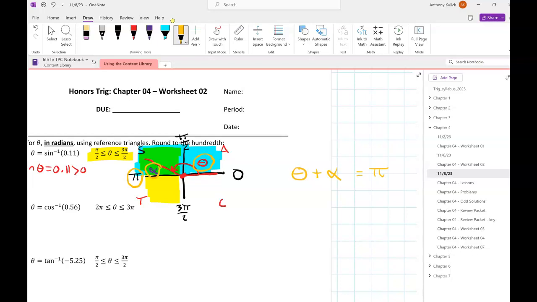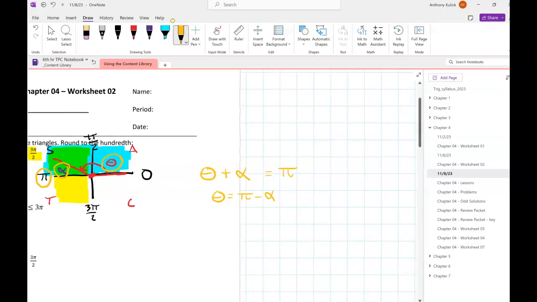So the next step I'm going to do is just get the theta by itself by subtracting alpha from both sides. And then how do I calculate alpha?